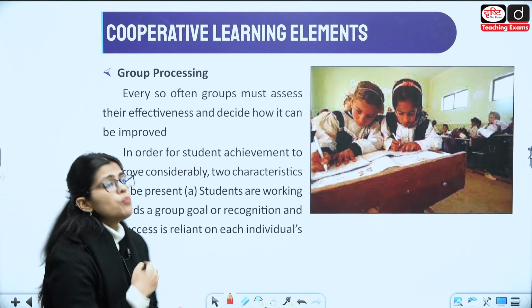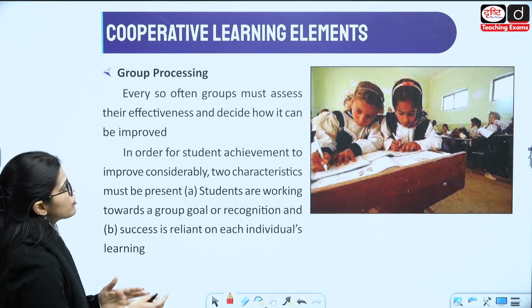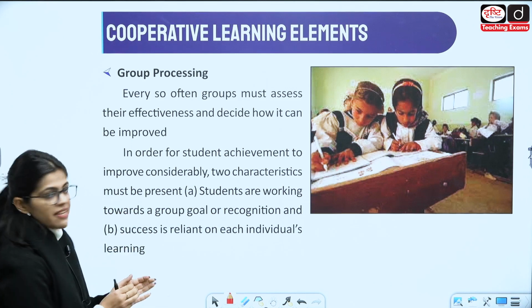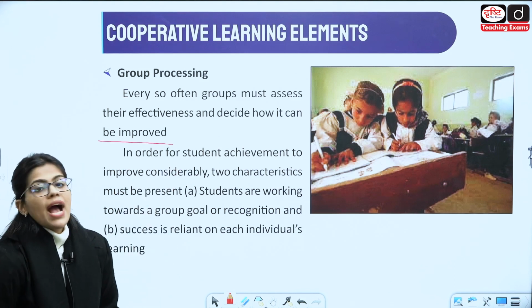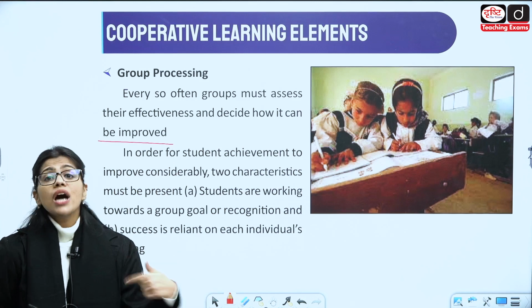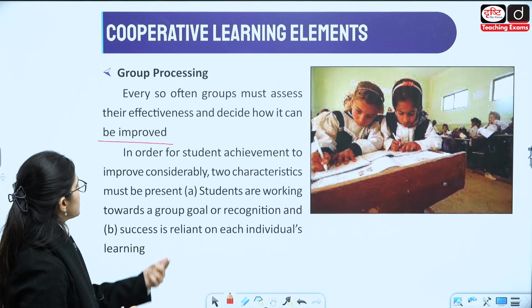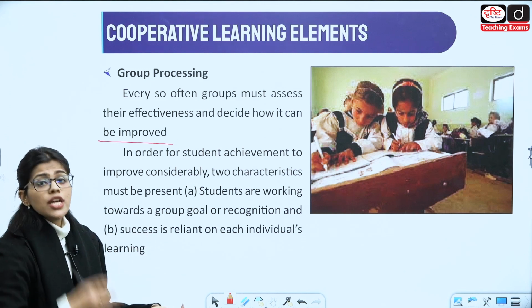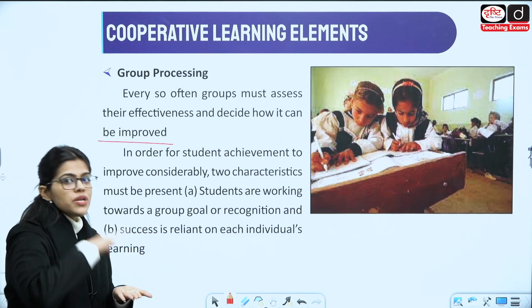Then comes the group processing. So every so often, the group must assess their effectiveness and decide how it can be improved. Every group has to look at what they are doing. Are they effective? Are they improving? How can they improve further? These things are important. In order for students to achieve and improve considerably, two characteristics should be present.